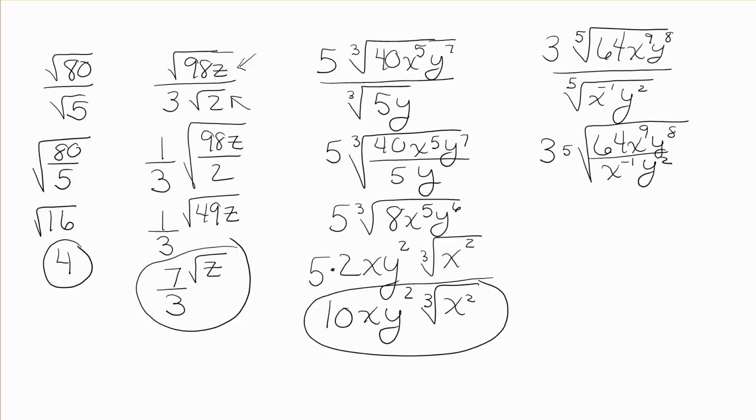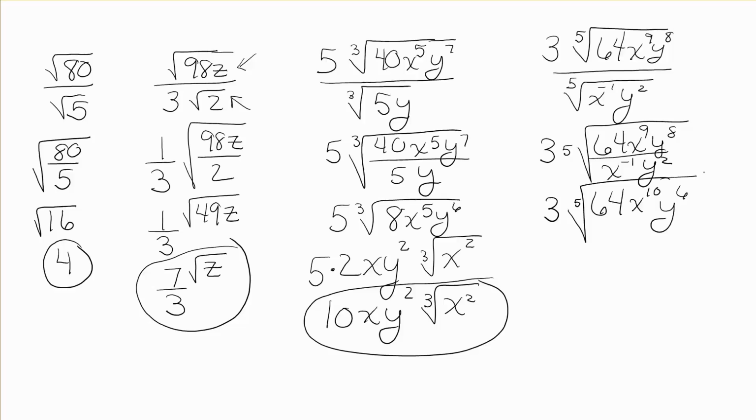Let's use our quotient property for exponents to simplify this. So we get 3 times the 5th root of 64, x to the 10th, since 9 minus -1 is 10, and y to the 6th, since 8 minus 2 is 6. So now all we have to do is simplify that.